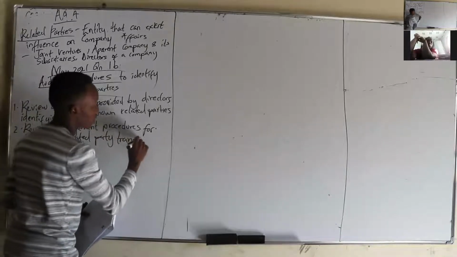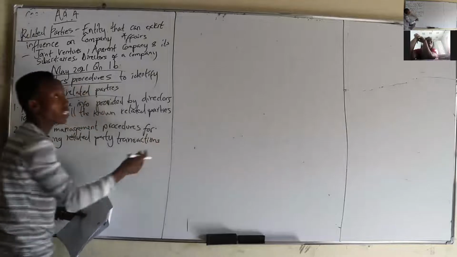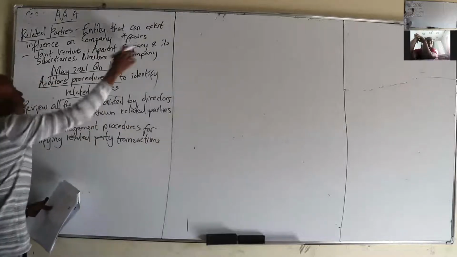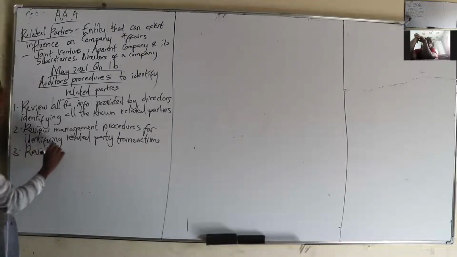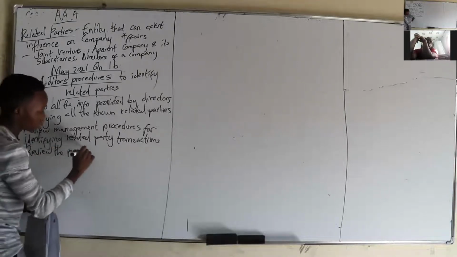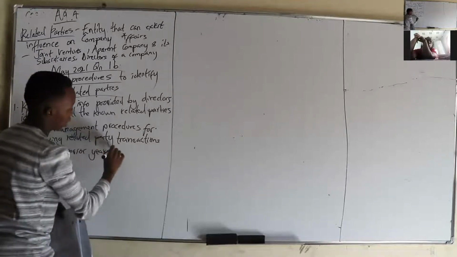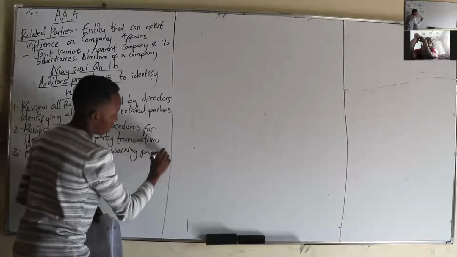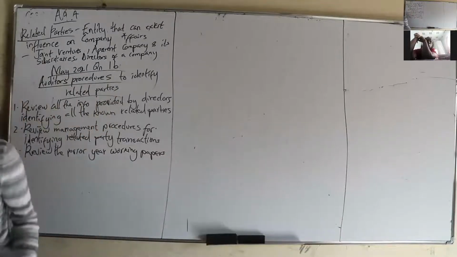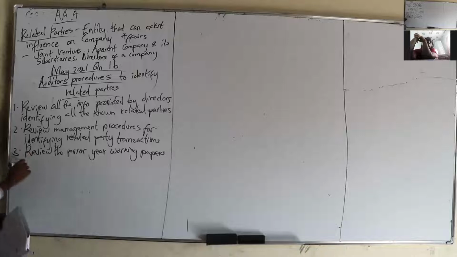Some of these transactions, for example, are between a parent company and its subsidiary, the intergroup sales. That is what you're saying in this case. And then also, he can review the prior year working papers for the names of the related parties.